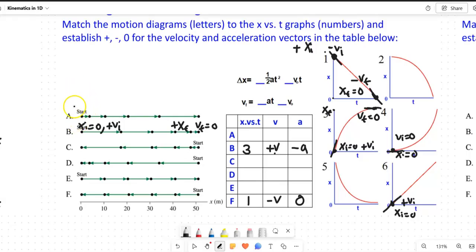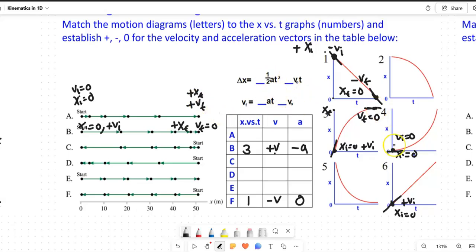Let's start out with A. So A starts out with the initial position equal to 0, and the initial velocity equal to 0. It's going to end further away, where its final position is that positive 50, right here, positive 50, and its final velocity is also positive.